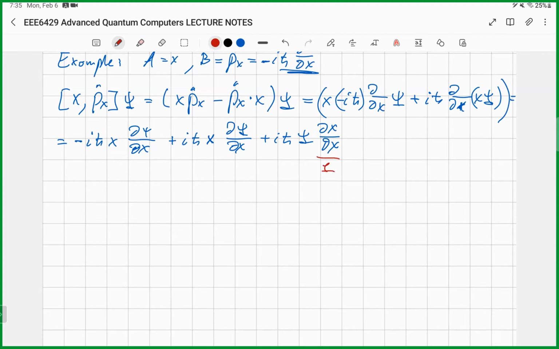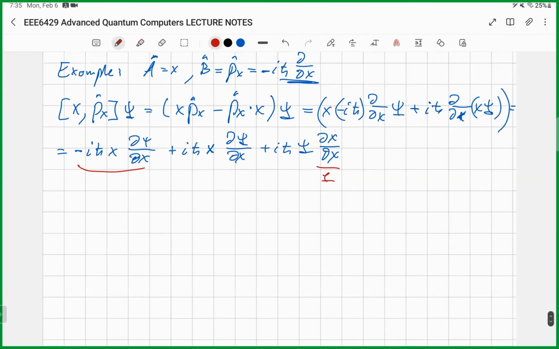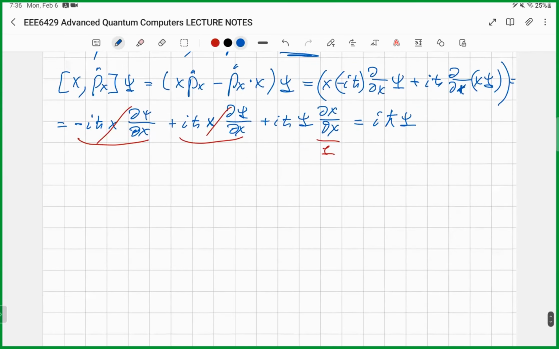And I noticed that these two terms are equal up to the sign, so they cancel down, and the result is equal to i h psi. So the commutator of x and Px acting on psi equals i h psi. That means that the commutator of x and Px is equal to i h.